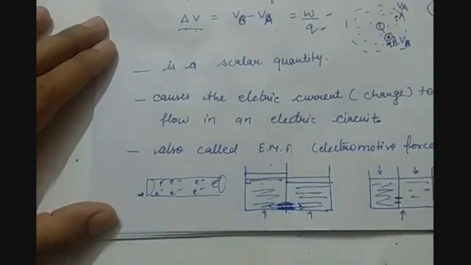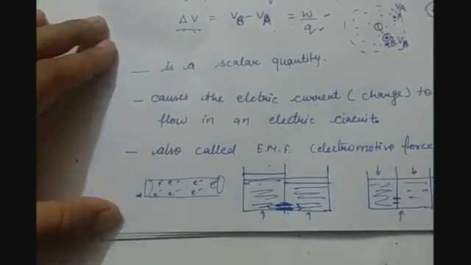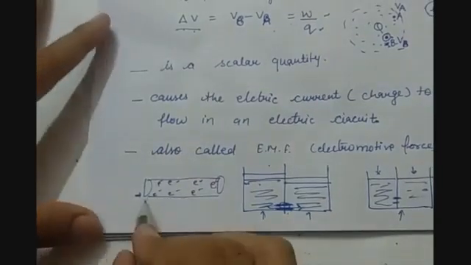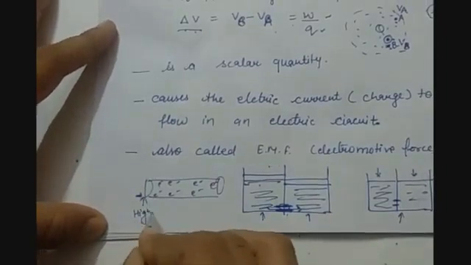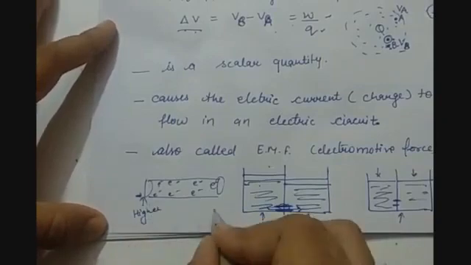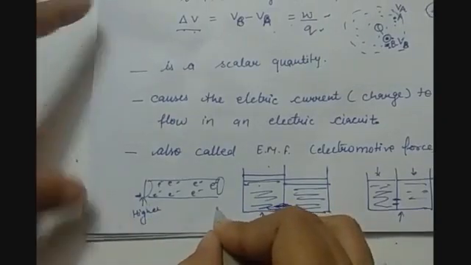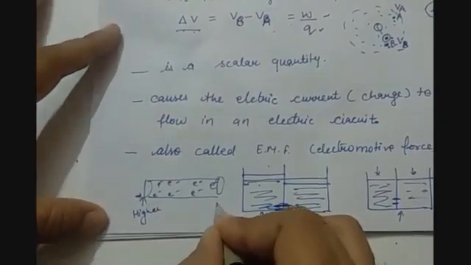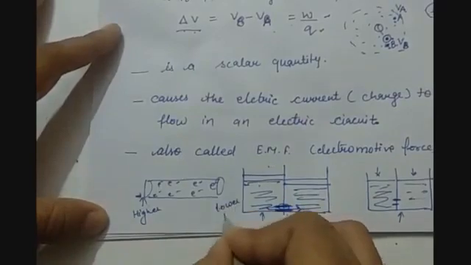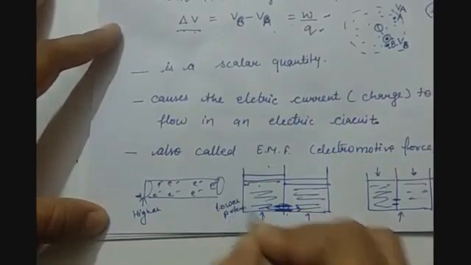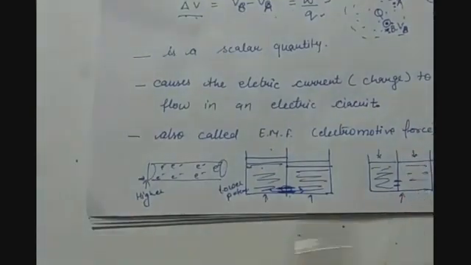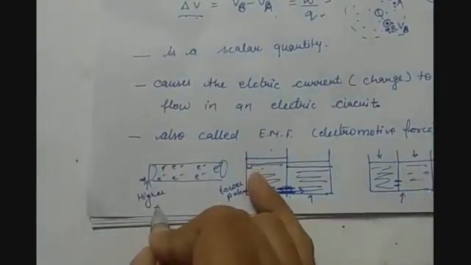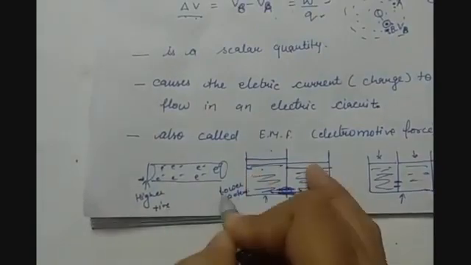So what we have to do is keep the potential at one end of the conductor higher and at the other end of the conductor lower. That means this end is more positive and this end is more negative.